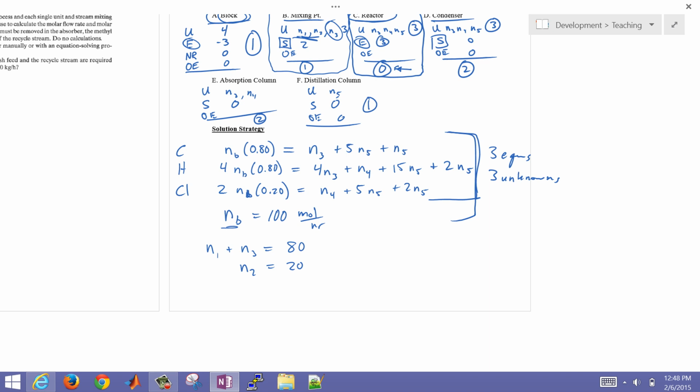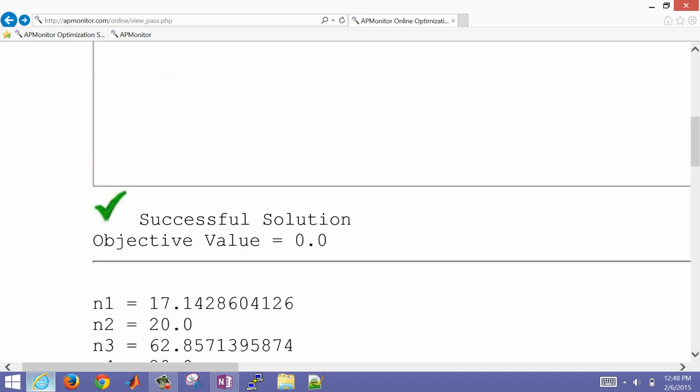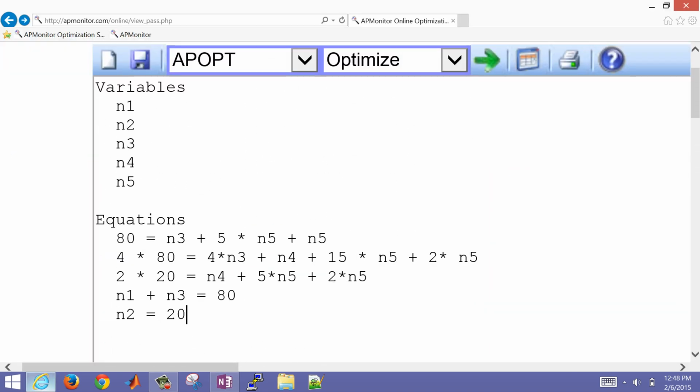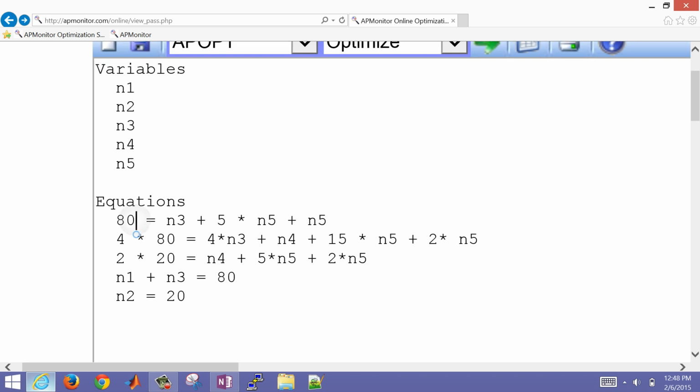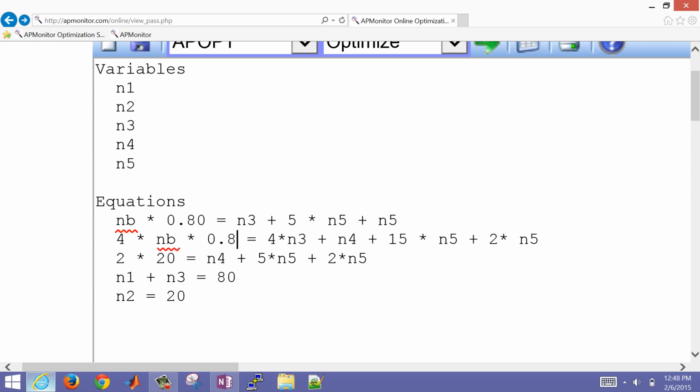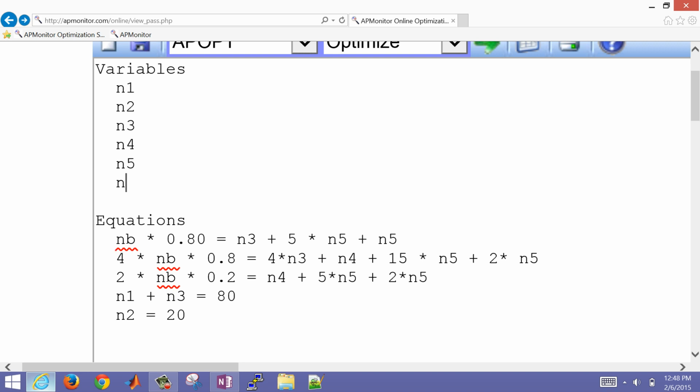If I switch back here, now instead of equal to 80, I'm going to create a new variable, which is my basis times 0.8. And then this was my basis times 0.2. So I put in a new variable, which is my basis.